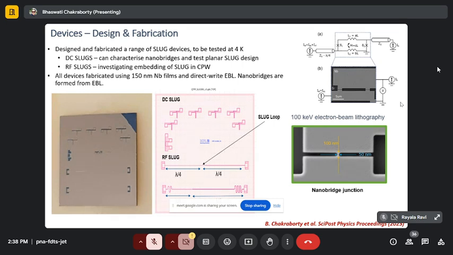So this has been realized over here, and the fabrication technique was that we took niobium as the superconducting material. First a silicon wafer was taken. On top of that, silicon dioxide was deposited. On top of that, niobium was sputtered using the sputter deposition technique, and that niobium was patterned.